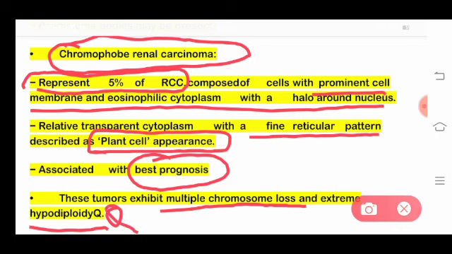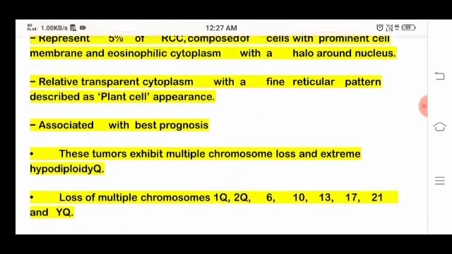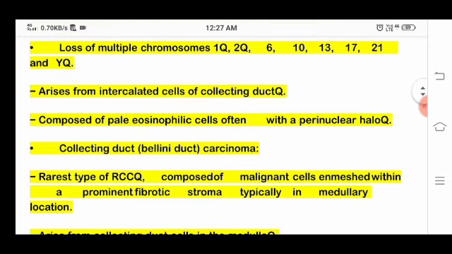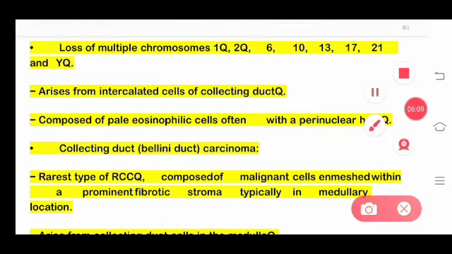So this is another question: chromophobe renal cell carcinoma, which has the best prognosis, has extreme hypodiploidy and multiple chromosome loss. So these were some important points regarding chromophobe. Multiple loss we were talking about: there is loss of chromosomes 1, 2, 6, 10, 13.